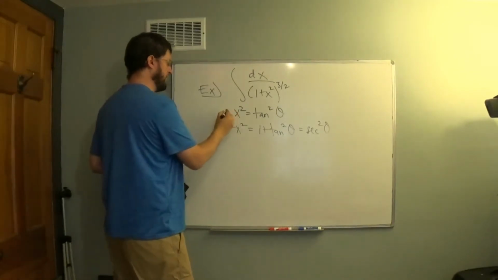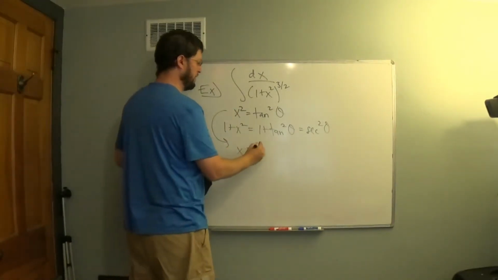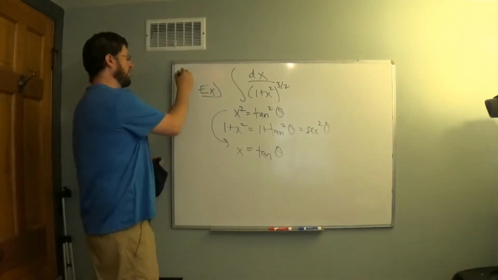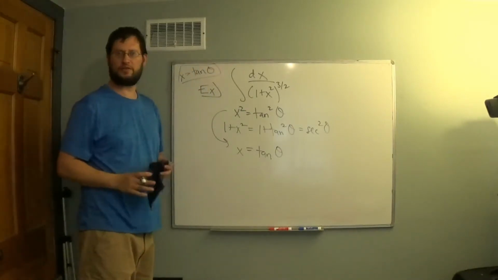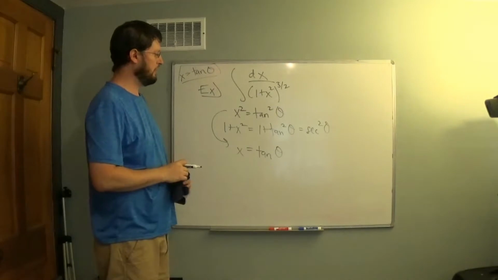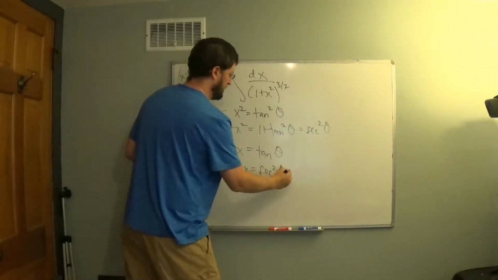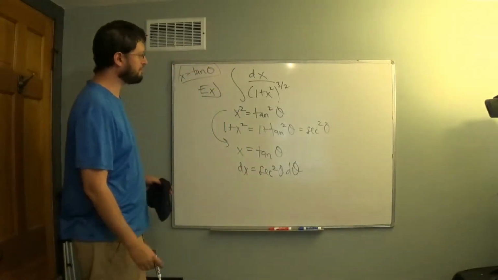And we get dx by taking our first piece and solving for x, in this case by taking the square root. And I just get that x is tan theta. Remember that we're going to save that when we have the x equals, that we want to save that for our final backward substitution. If x is tan theta, then dx is secant squared theta.